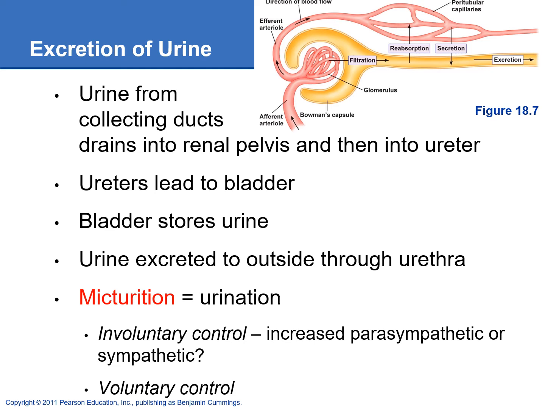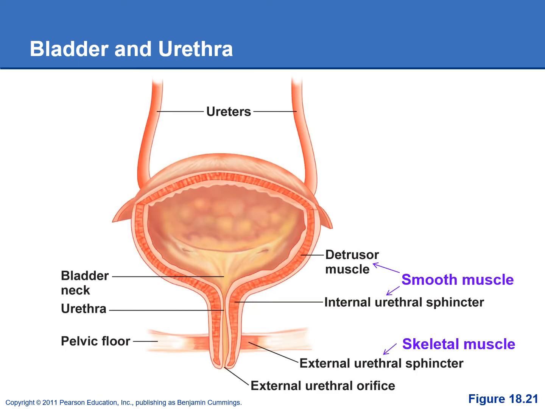So micturition or urination is under both involuntary control and voluntary control. So with involuntary control, we have the autonomic nervous system, and we're going to increase parasympathetic stimulation and decrease sympathetic stimulation in order to urinate. The wall of the bladder is made up of smooth muscle called the detrusor muscle.